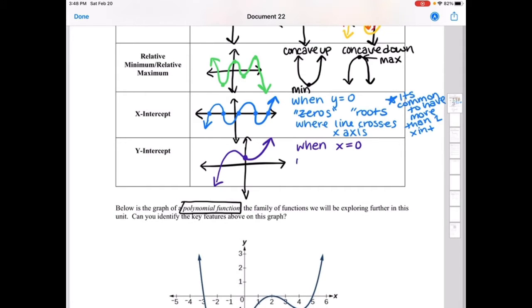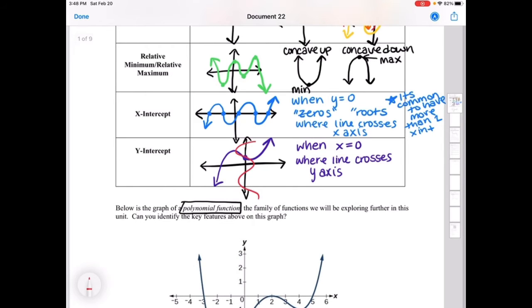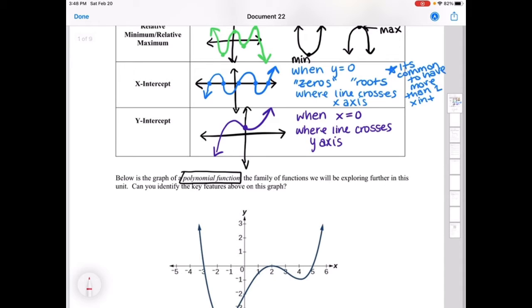And typically there is one, but you could get something crazy, like a graph like that, but that's not very likely. The y-intercept is when x is equal to 0, where the line crosses the y-axis. So there's usually only one.